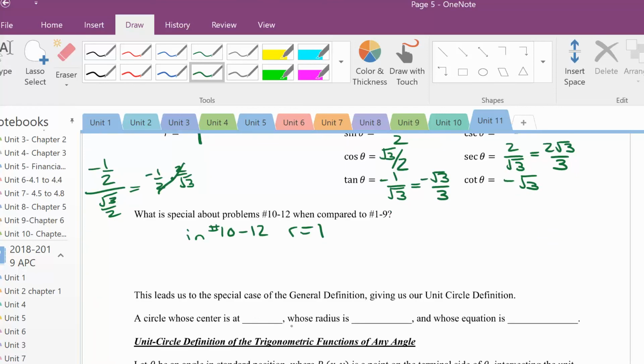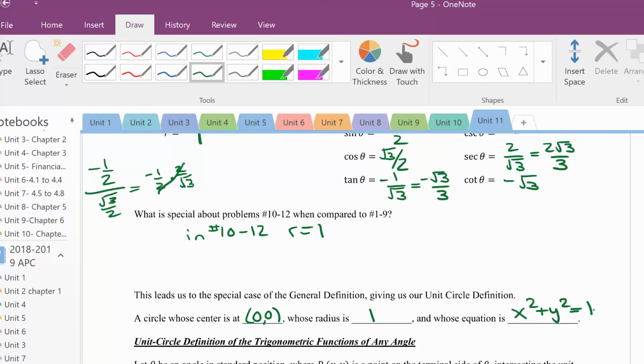A circle whose center is at the origin, whose radius is 1, and whose equation is x squared plus y squared equals 1. That is our unit circle.